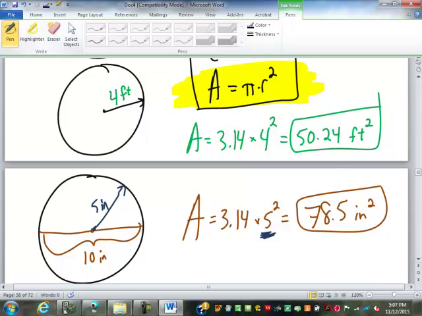On a quiz, if you use the pi key and when you go back to look it over, your answer's off by, let's say you gave 25.13 and my math lab says it's 25.12 and it called it wrong, send me an email and I will change that quiz score for you. When I do a paper and pencil test, I'll do the answer key with both answers on. But normally my math lab will tell you what it wants you to use, but if you use the pi key instead, I will fix it for you.